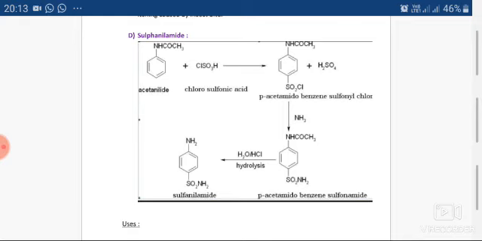And in the last step, now we want to deprotect the amine group, so we carried out the hydrolysis, and there is loss of that acetyl group and formation of amino group with the loss of acetic acid, and it was the preparation of sulfanilamide.